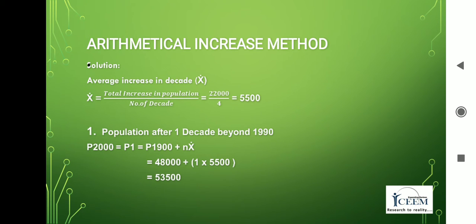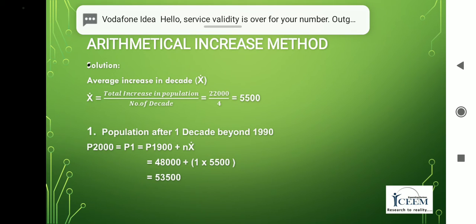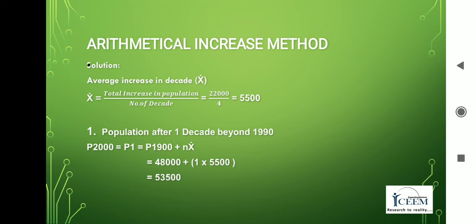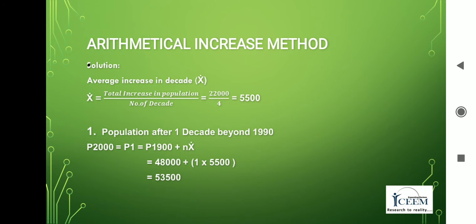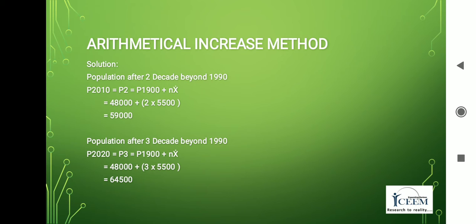The value of population in 1990 is 48,000 plus the multiplication of n, that is 1 into 5,500, that value becomes 53,500.